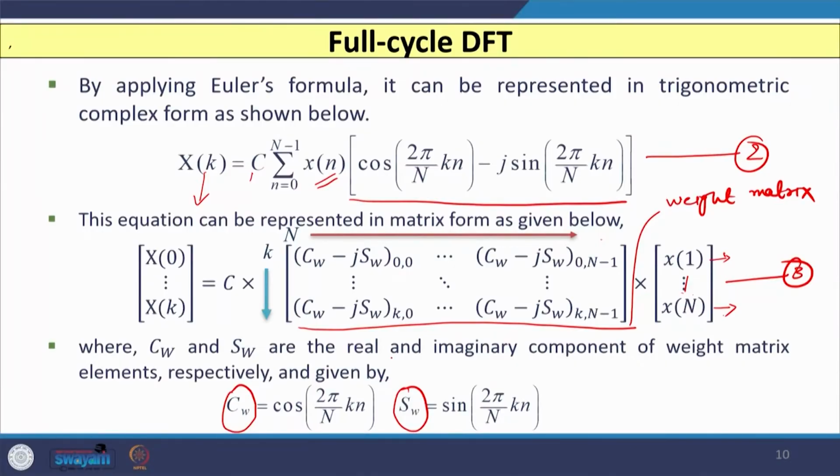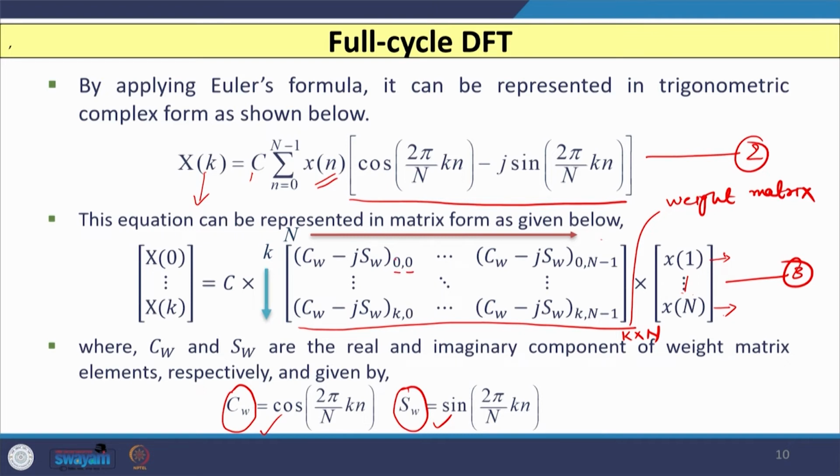Now, if we consider this in-between weight matrix, its size is k cross capital N, where k is the harmonic number and N is the number of samples in a cycle. So, if we have Cw minus j Sw, where Cw and Sw are given by these two equations, then, if I consider the first row, the first element is 0 0.